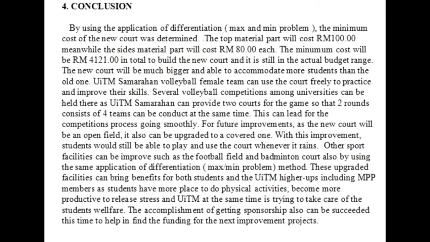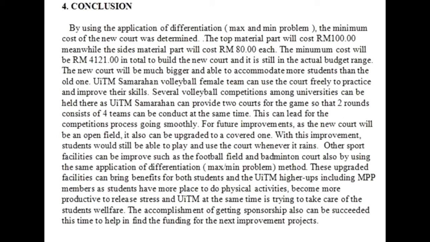Last but not least, I, Najwa, am going to present the last part of the video, which is the conclusion. As we can see here, by using the application of differentiation, which is the max and min problem, we can find the minimum cost of the new court.